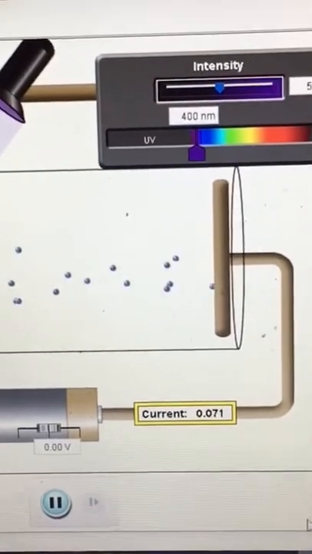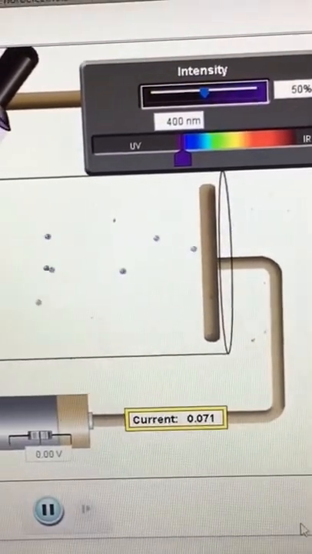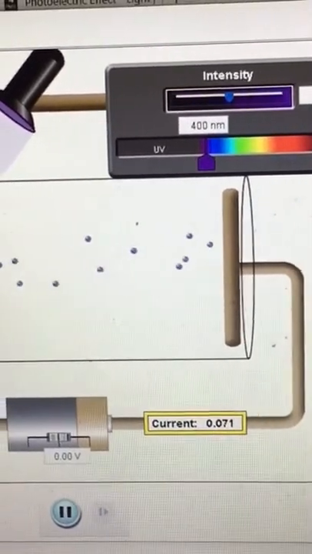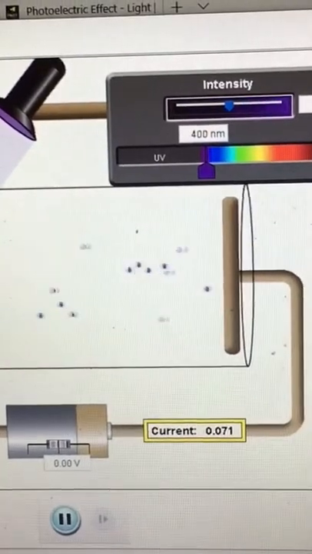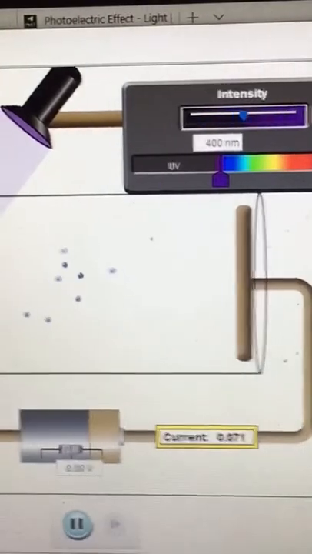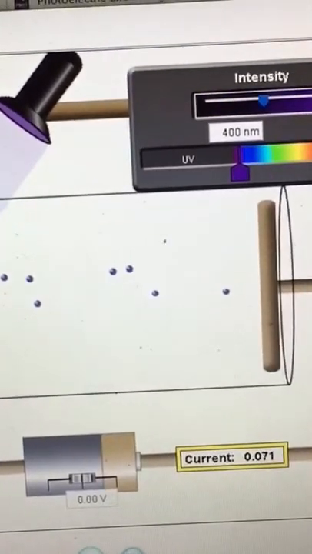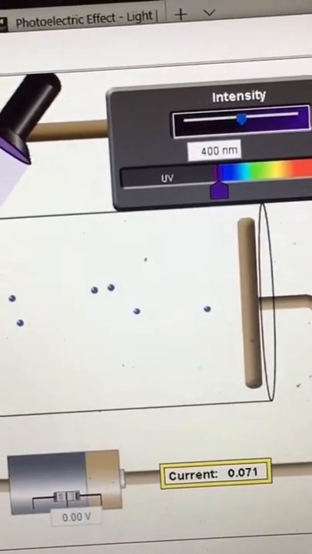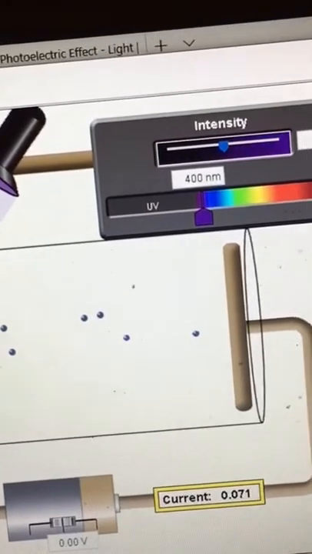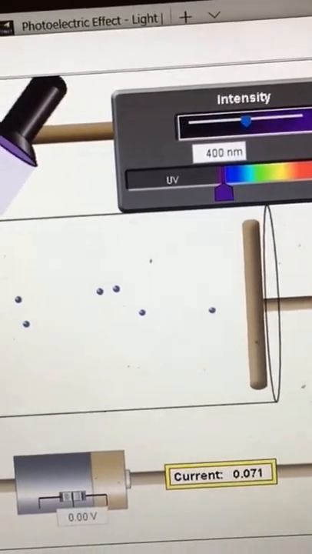With the relationship between the intensity of the incident light and the energy of the ejected electrons, we can see that the energy of the incident photon must be higher than the work function in order for the electrons to be ejected. In conclusion, we were able to figure out the wavelength, frequency, and energy of different metals in this lab.